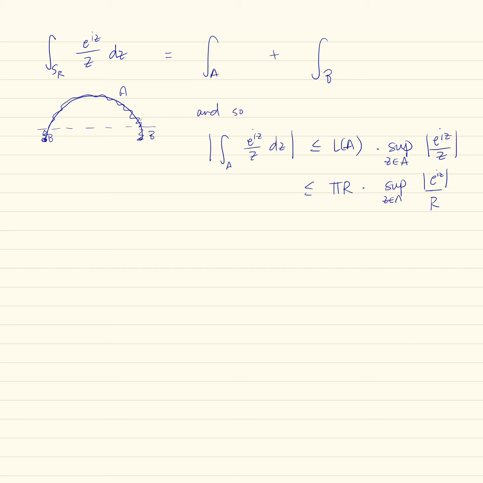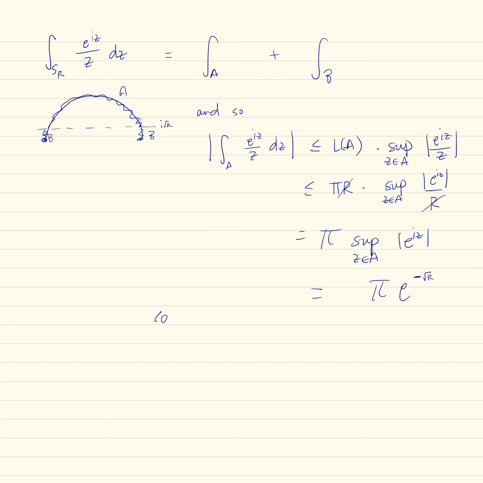So the r's cancel out, so we just have pi times the sup of the modulus of e to the iz, z in A. Remember this is iH, but for us it turned out that a good thing to choose was let H be the square root of R. So this is going to be e to the minus square root of R, times pi, right?